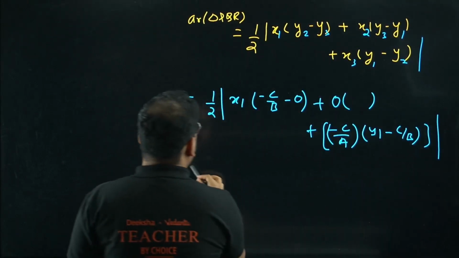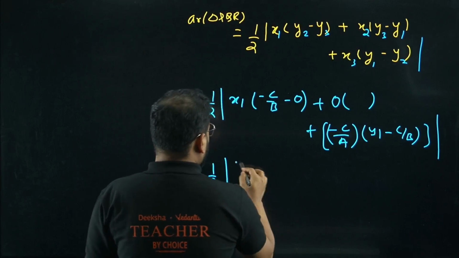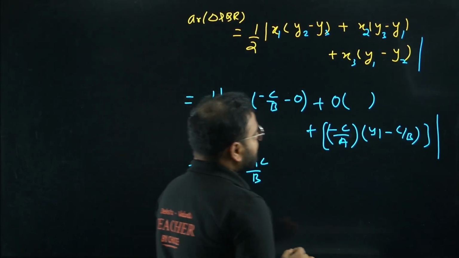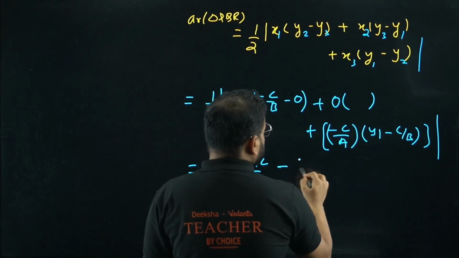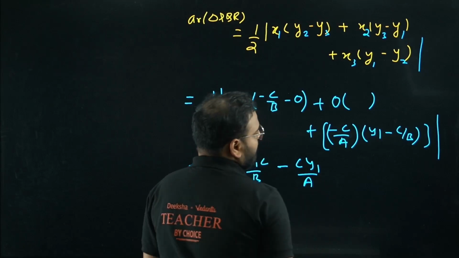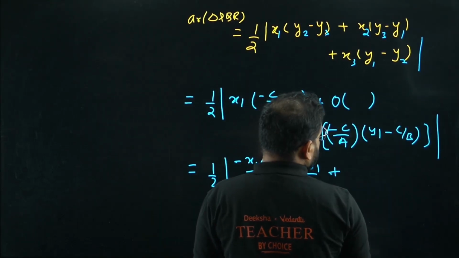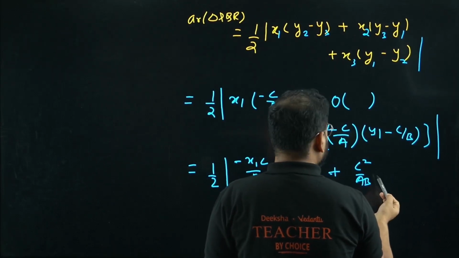The modulus is there, and right here 1 by 2 is there. Modulus, minus X1 C by B. What else do I have? Check this out. I have here minus C Y1 by A, and this with this, so plus C square by AB. Correct, no?